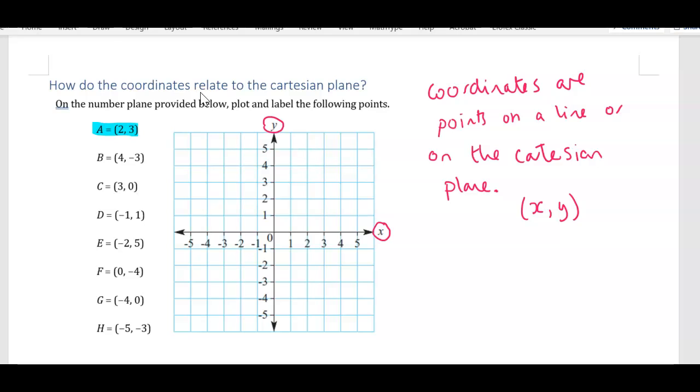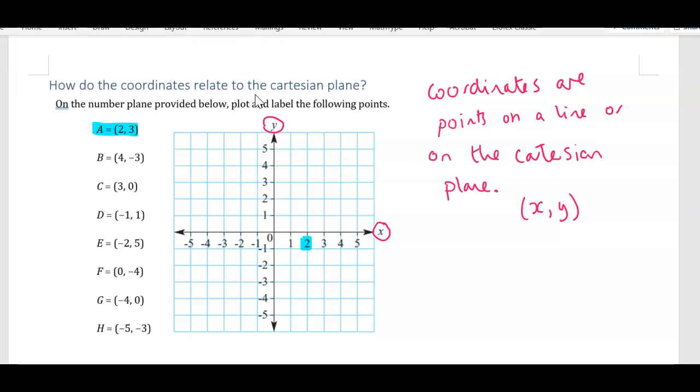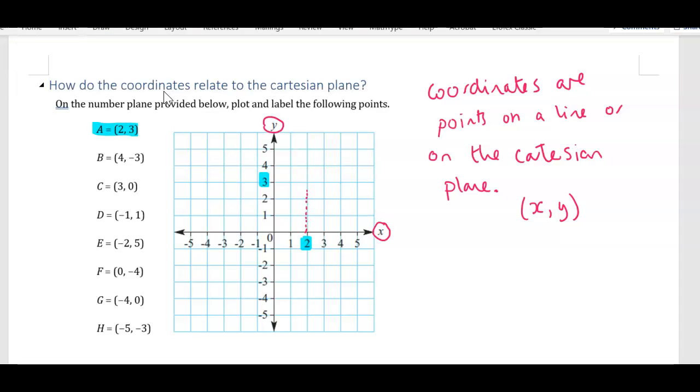So x equals 2 and y equals 3. The point you want is if we go up on the x and across on the y. This point here is A. So it's just a grid reference.